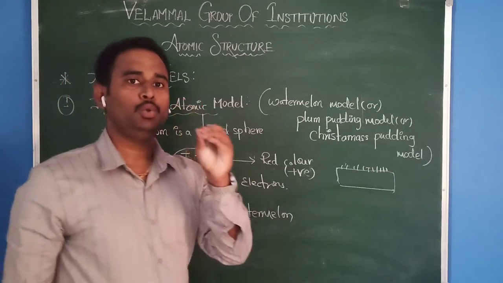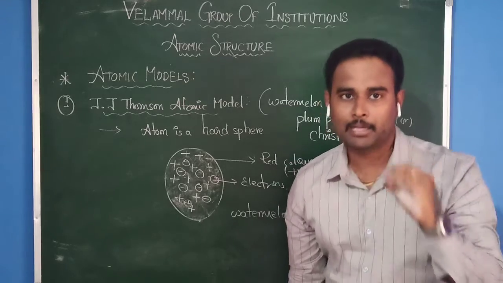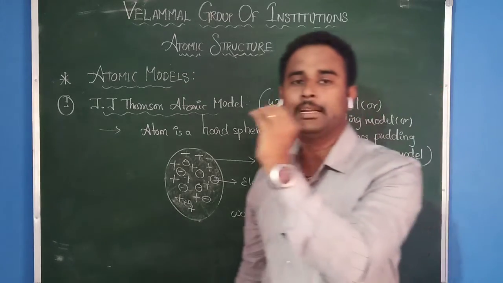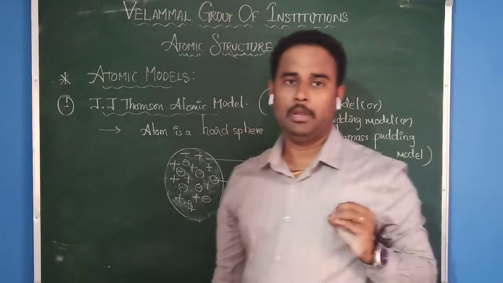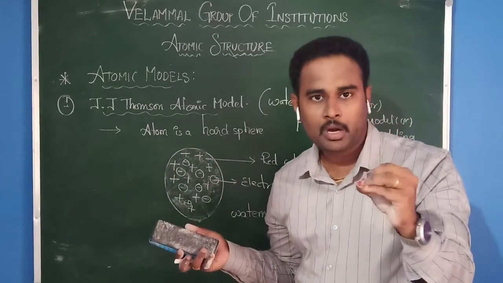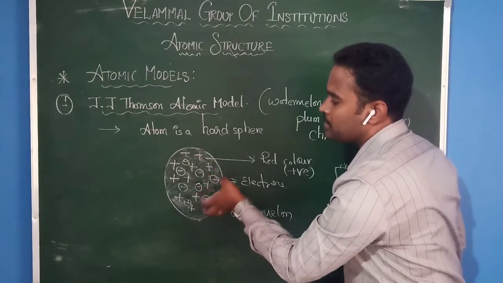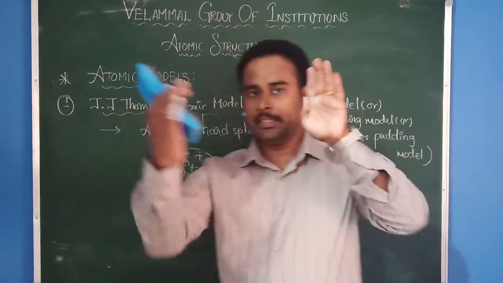According to J.J. Thomson, how he explained the inner structure of the atom means he compared his atomic model with the watermelon. First of all, he said the atom is a hard sphere in which positively charged particles are spread over the atom.